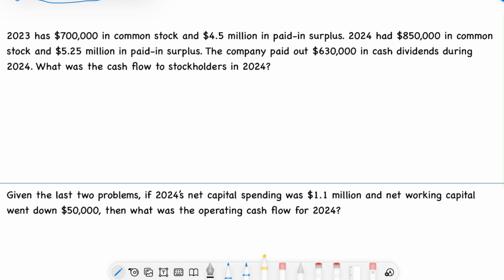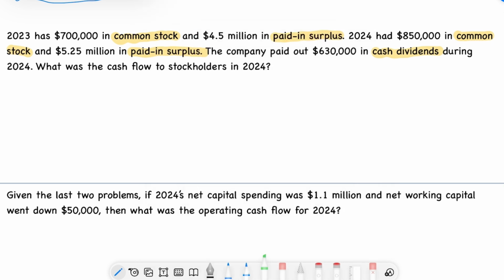So common stock is the stock that is owned by other people, and the paid-in surplus is what people are investing. So we're given common stock, paid-in surplus, and then another common stock, and another paid-in surplus. We're also given a cash dividend.